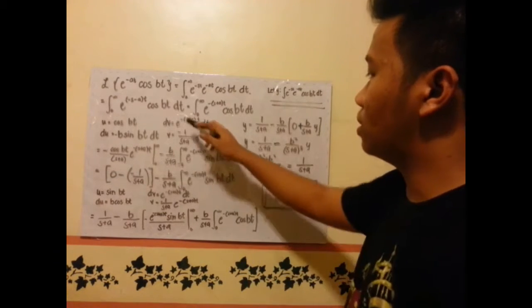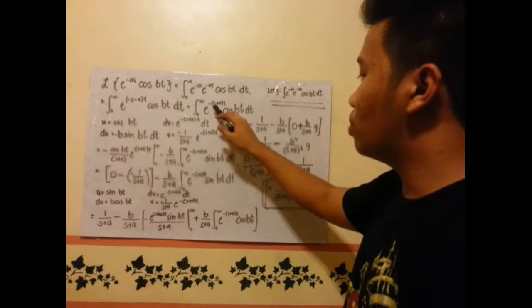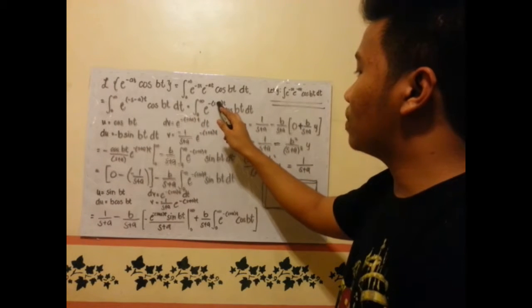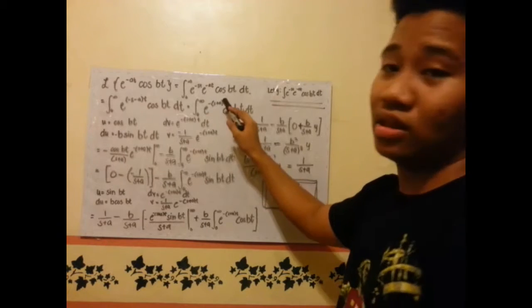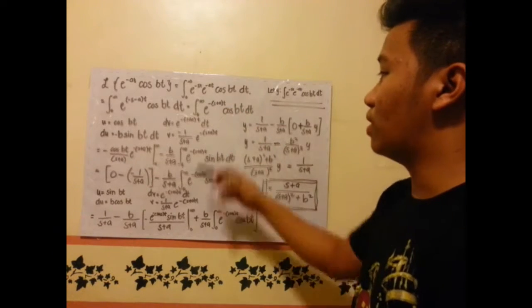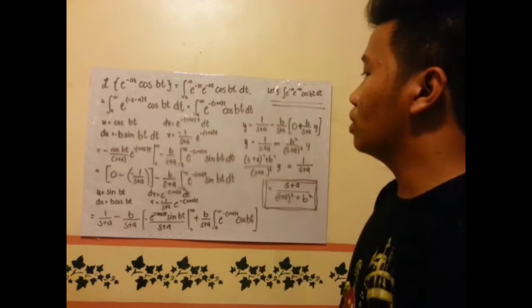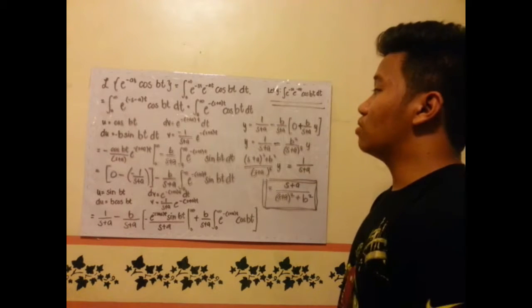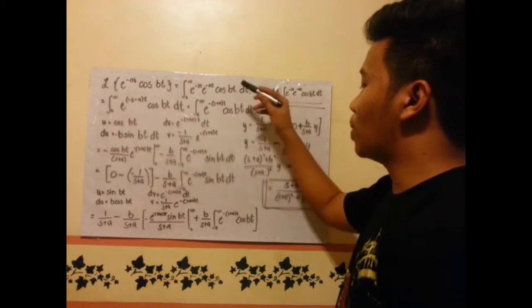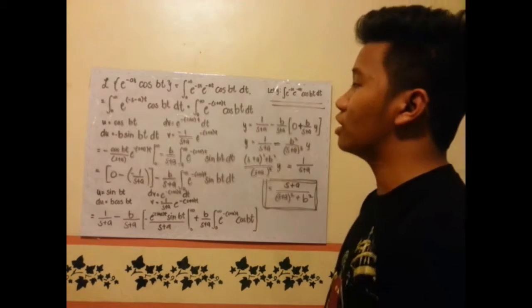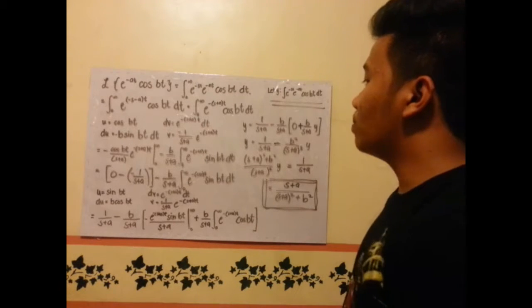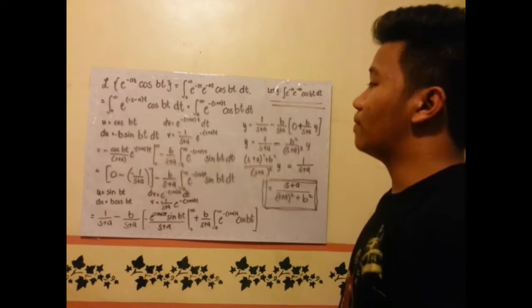We can remove the negative signs inside the parenthesis, so it is equal to the integral of e raised to negative parenthesis s plus a parenthesis t multiplied by cosine bt dt.